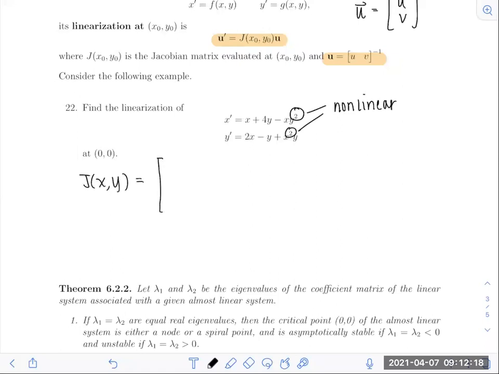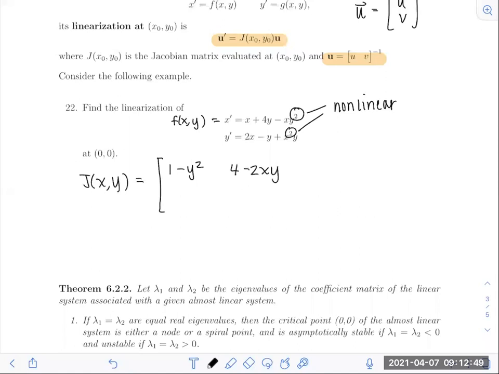So that is the matrix where the top row is going to be the partial of, let's call this one up here, f of x, y. So I want to take the partial of f with respect to x. That's going to give me 1 plus 0 minus y squared. And then in the first row, second column, that'll be the partial of f with respect to y. So 0 plus 4 minus 2xy.